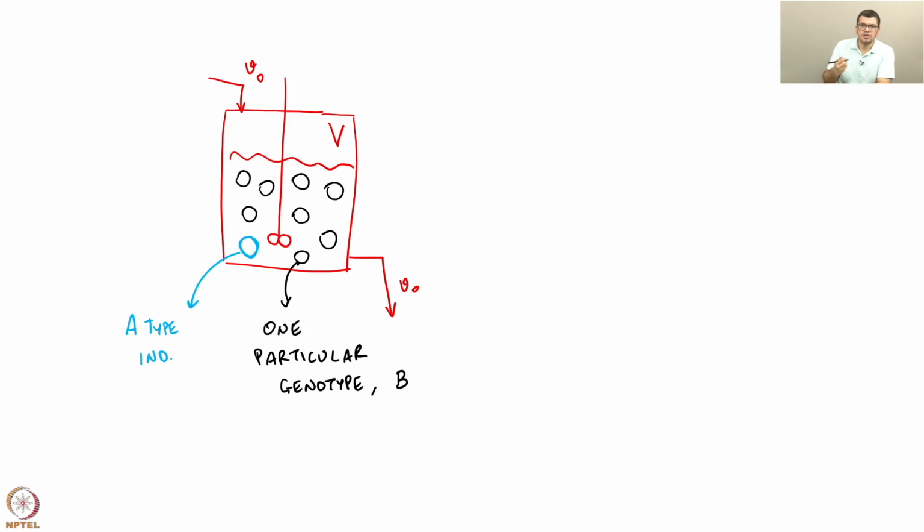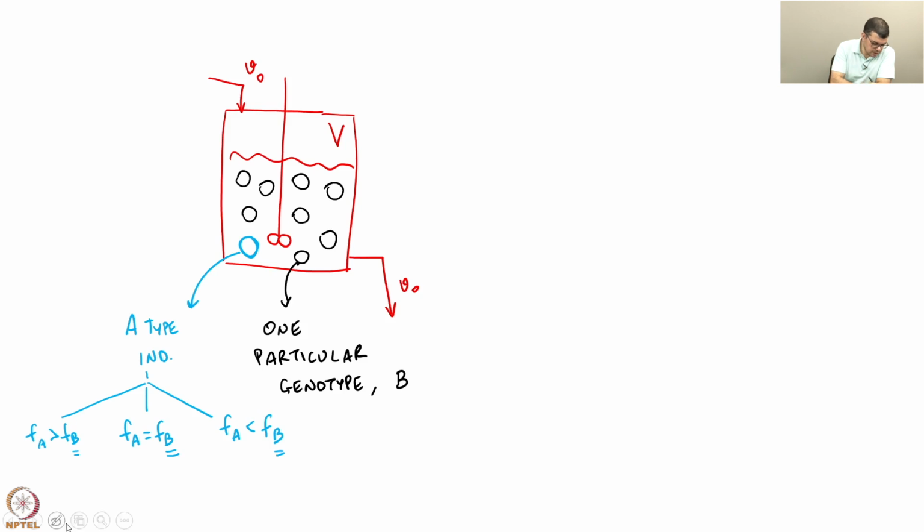So as far as the fitness of this A type individual is concerned, we have 3 options: the fitness of A may be greater than the fitness of B, the fitness of A is equal to the fitness of B, or the fitness of A is less than the fitness of B. The first of course is a case where the mutation that happened was beneficial in nature. The second is a case where the mutation that happened was neutral in nature, and the third is a case where it was a deleterious mutation that happened.